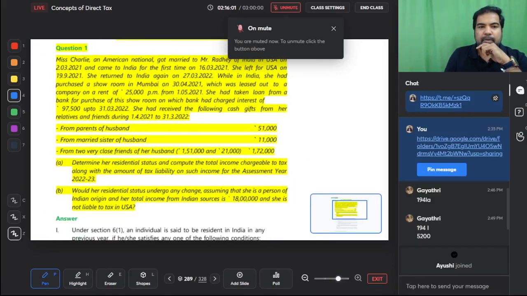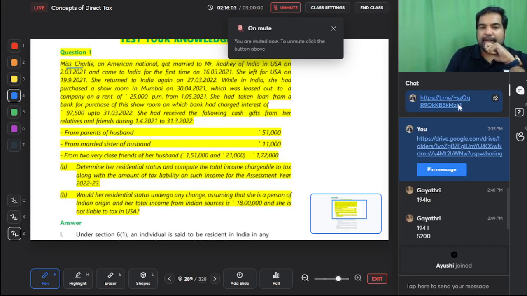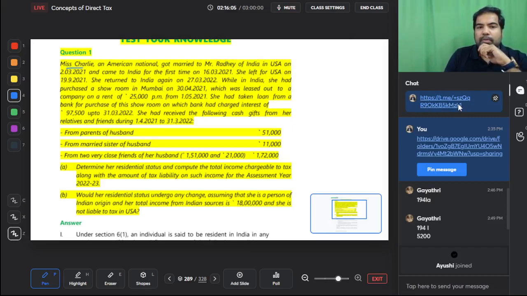Alright, let's do this, guys. In this one, Miss Charlie is an American national who got married to Mr. Radhe of India in USA on 2nd of March 2021 and came to India for the first time. This is very important, guys. That means earlier she has not come. She came on 16th of March 2021.